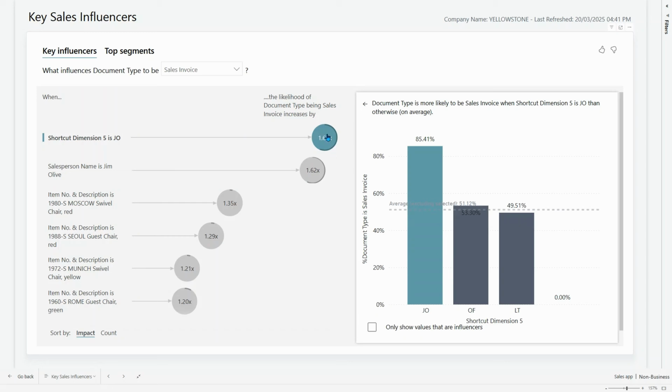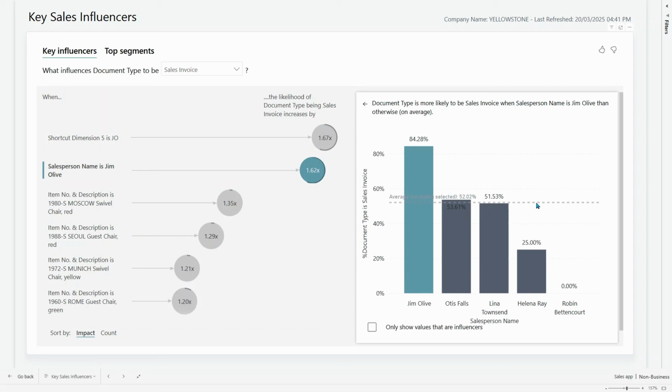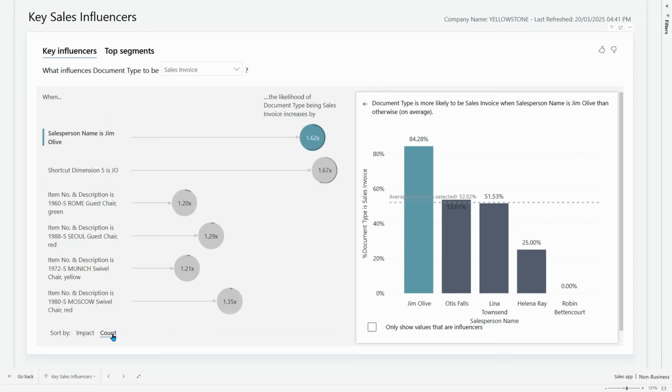And for this particular insight, you also get a small explanation here with a graph. Let's just pick the salesperson here. You can see on average, the sales staff produce 51%, but Jim is leading with 84 here to explain sales. So this is sorted by impact, but you can also sort by count. Here would be the number of sales, and in here it's the same insights.